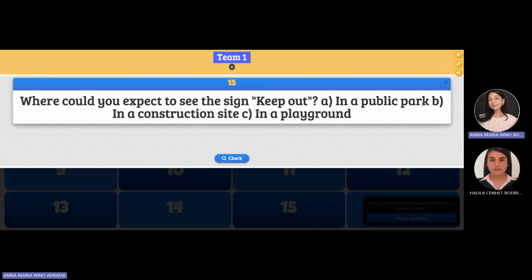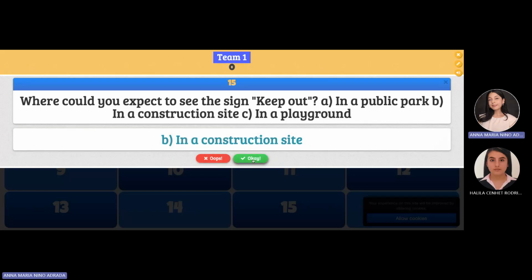A, in a public park, B, in a construction site, or C, in a playground? Keep out is like do not enter. For me, it is the letter B, in a construction site. Perfect. Okay, thank you very much.